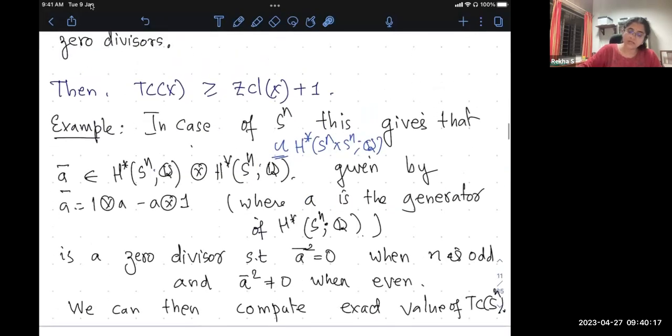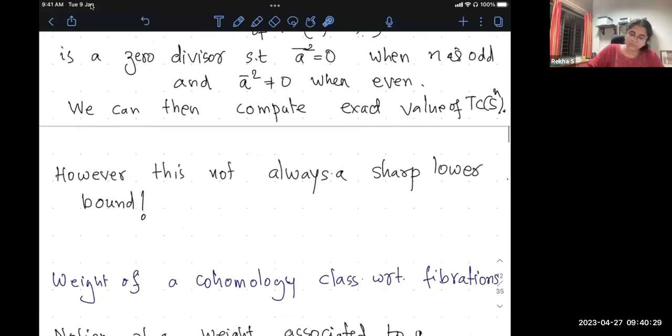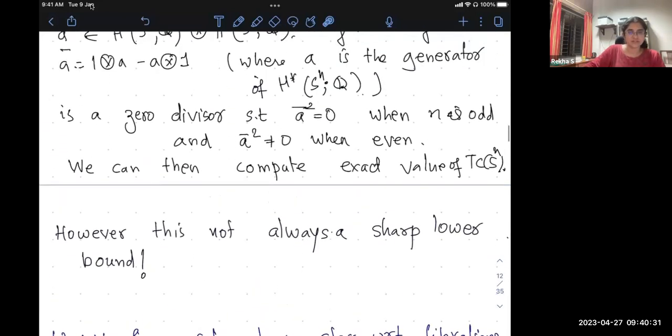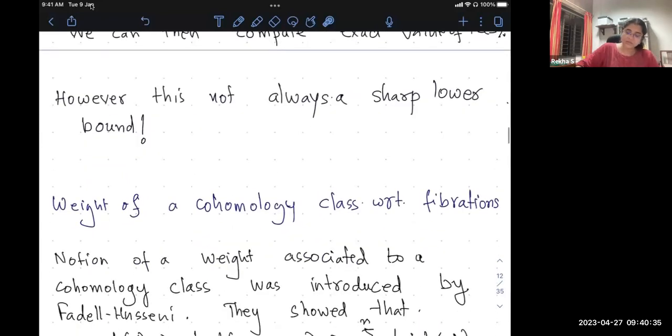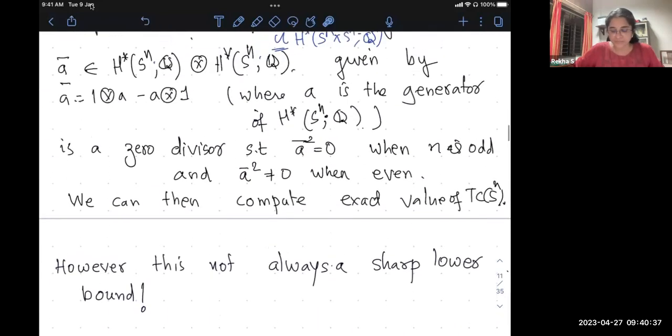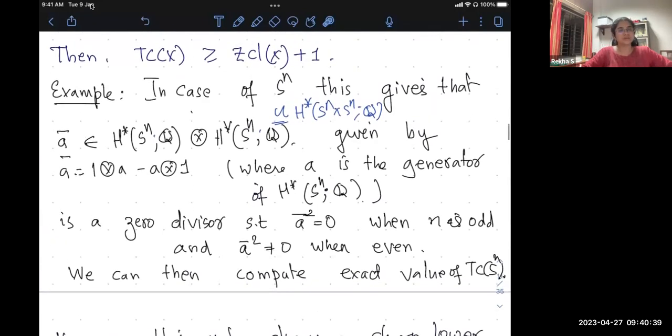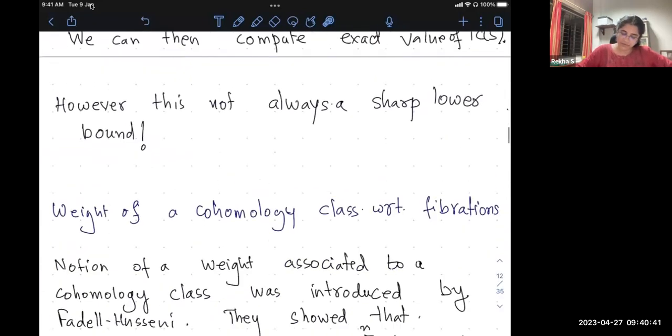All right. So this was a nice example in which this lower bound and cat as an upper bound will be helpful to actually compute TC. But more generally, this does not always give a sharp lower bound. And the idea is to come up with a slightly better bound for this.